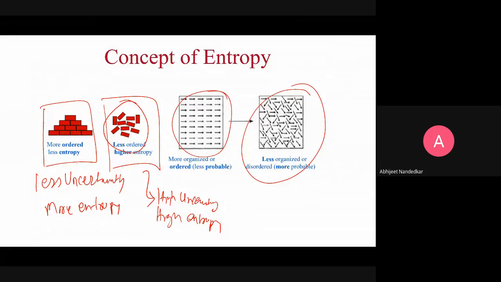But when you have an ordered set of bricks, then you have less entropy. So uncertainty more, entropy more. Okay, so you can see here also, if this is the organized way of putting some arrows in a box, then this has less entropy compared to this random distribution of arrows.